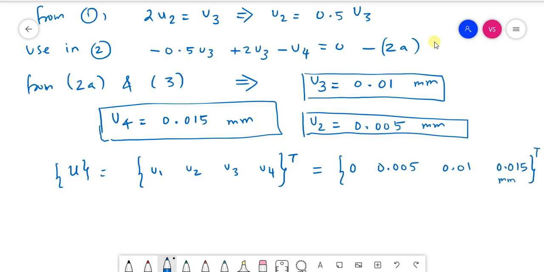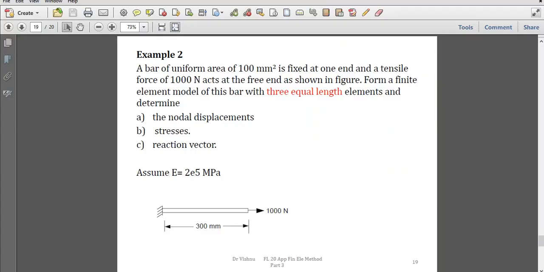The next thing is we want to find the stresses in each element. We have 3 elements, so for all 3 elements I want to find the stresses.